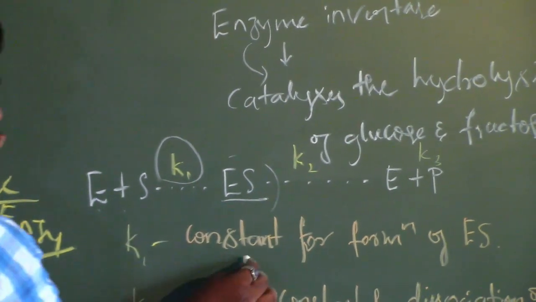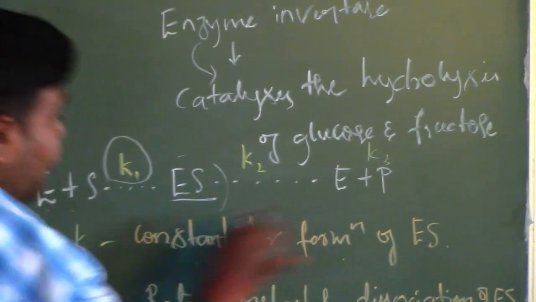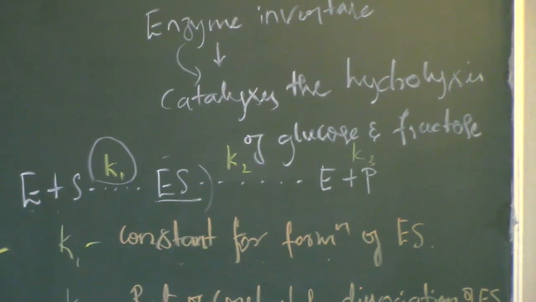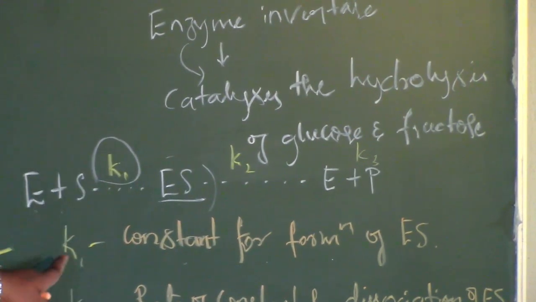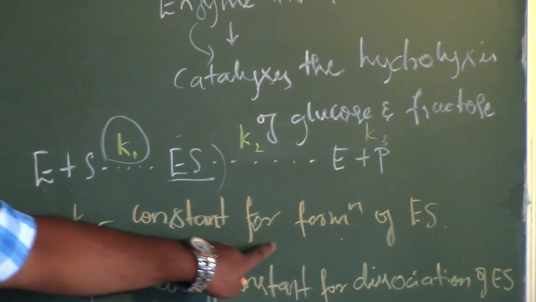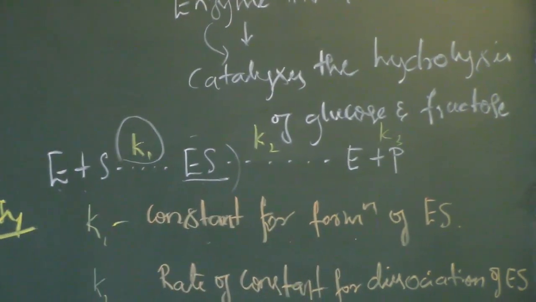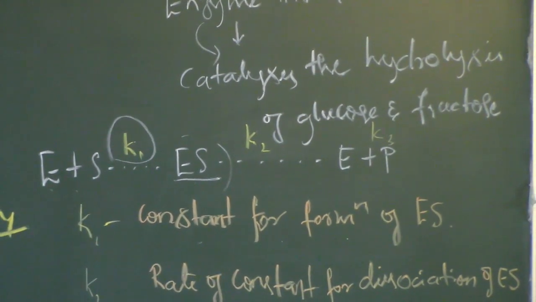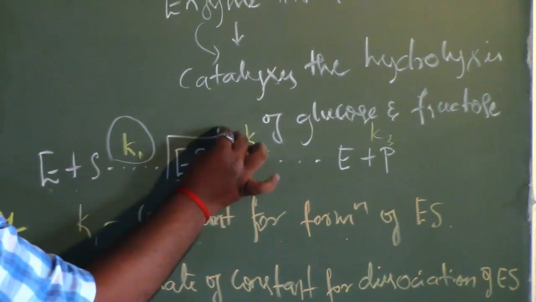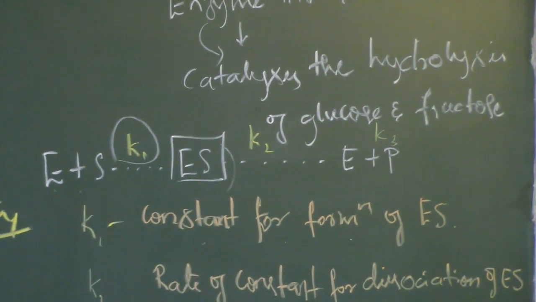What do you mean by the first interval? K1 is the rate constant for formation of the enzyme substrate complex. This is the first interval, resulting in the formation of an enzyme substrate complex.